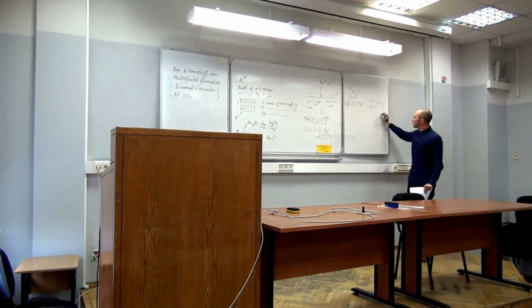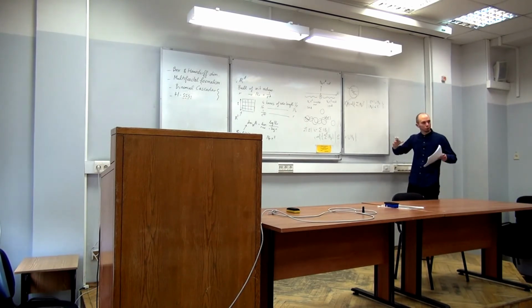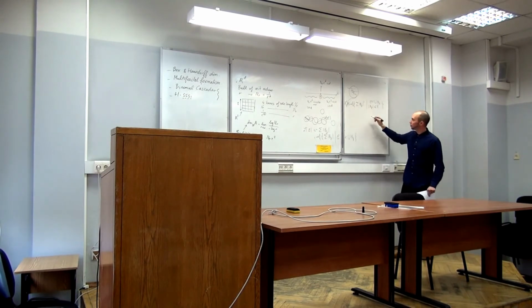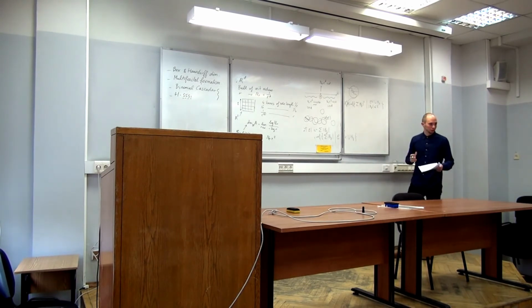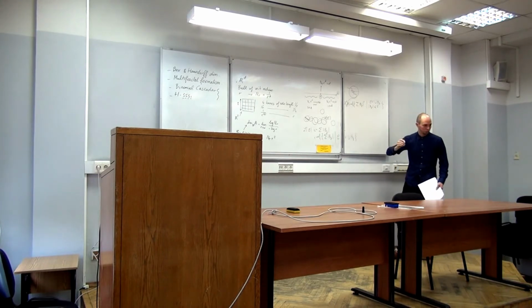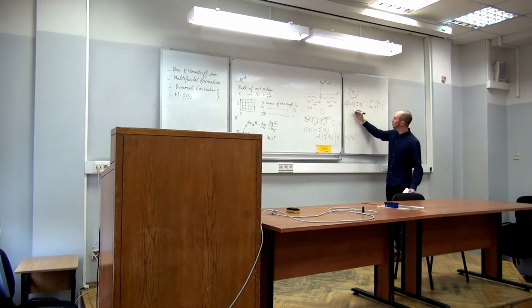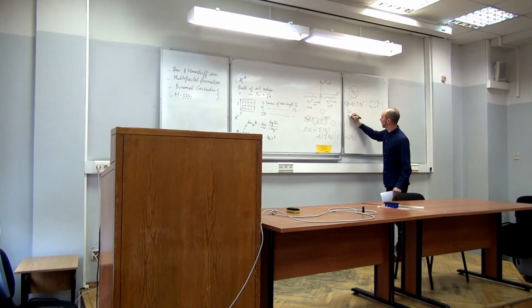So now, what's happening is as delta becomes smaller and smaller, so when you're refining your covering, the set of possible coverings is decreasing. So the infimum is increasing. So it makes sense to consider now the limit as delta goes to 0 of this quantity.